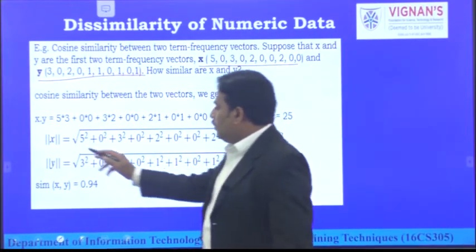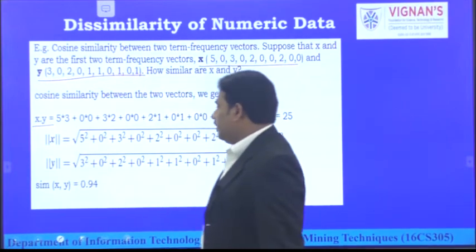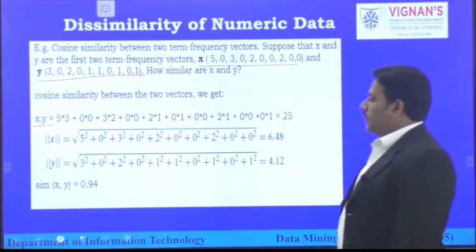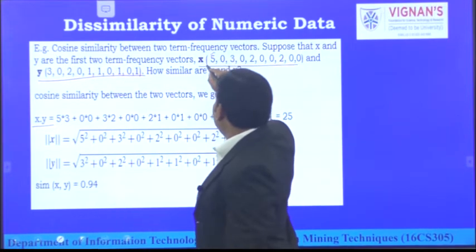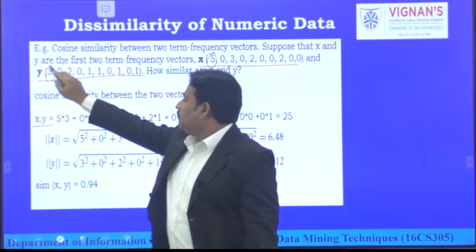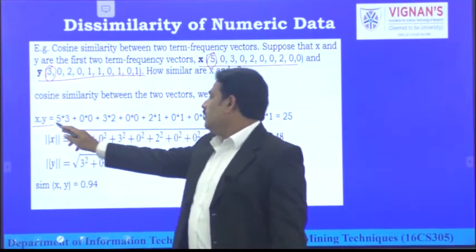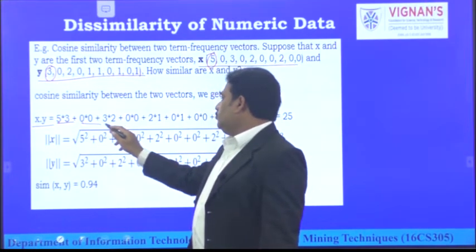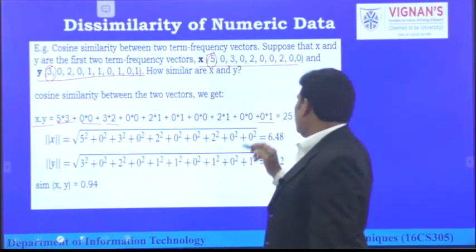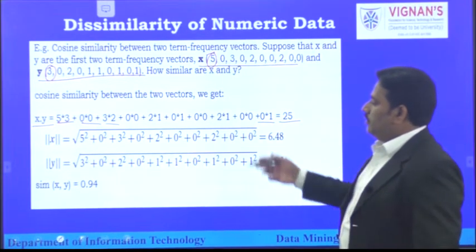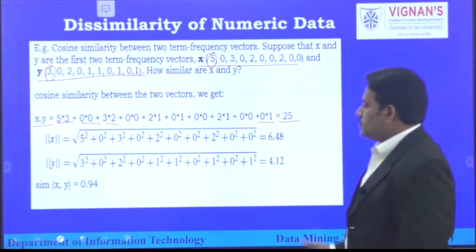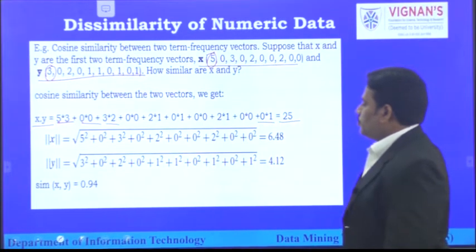Here we calculate the numerator, x dot y, applying the vector product: we multiply the first value in x with the first value in y. So 5 into 3, 0 into 0, 3 into 2, 0 into 1. Totally we got 25.